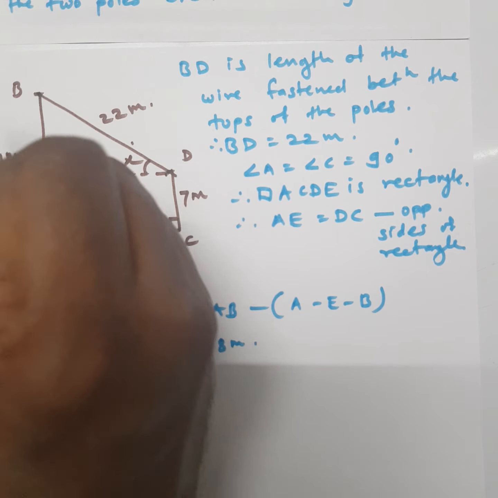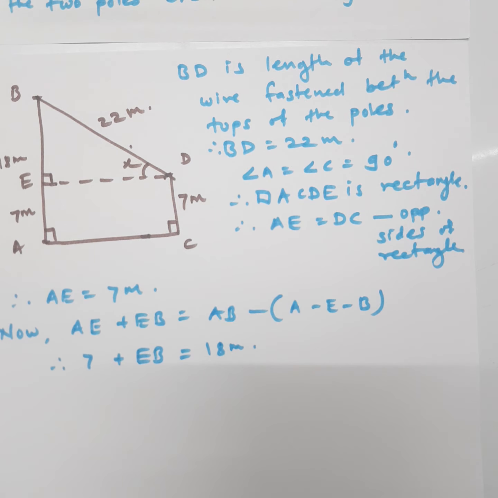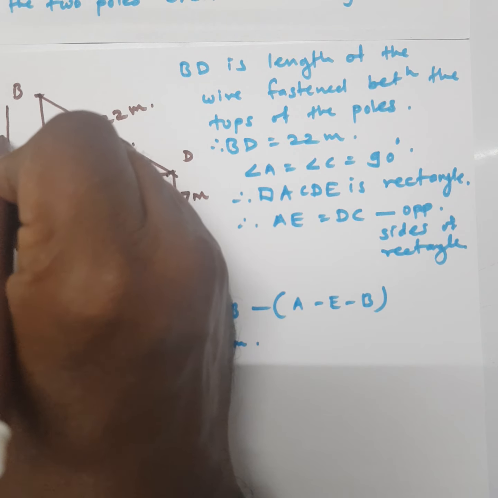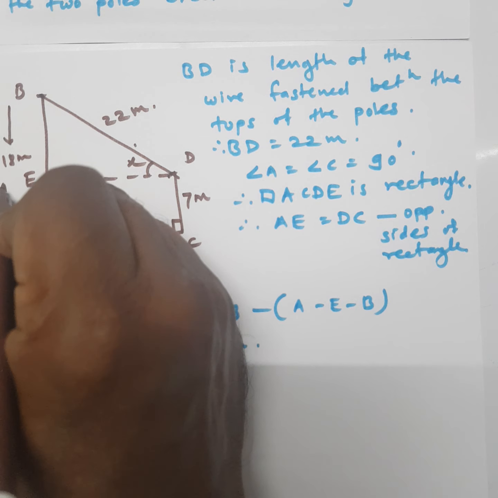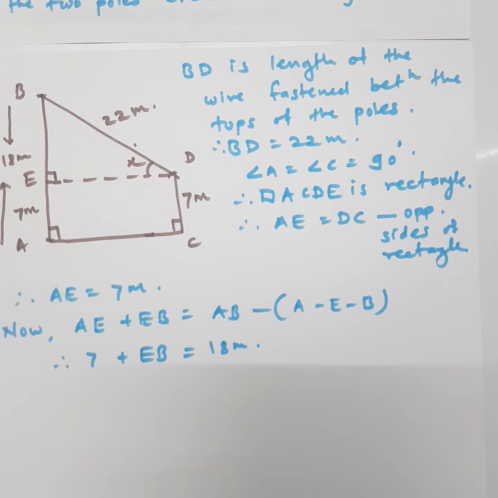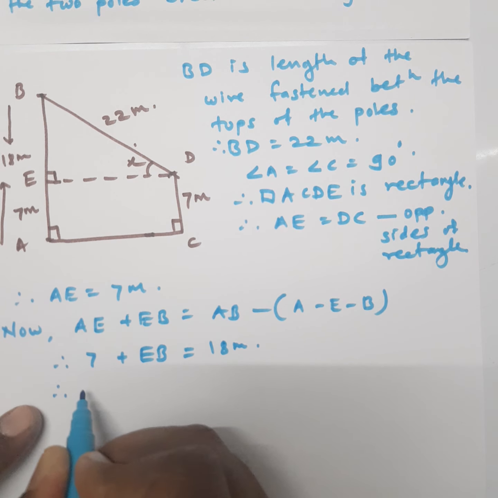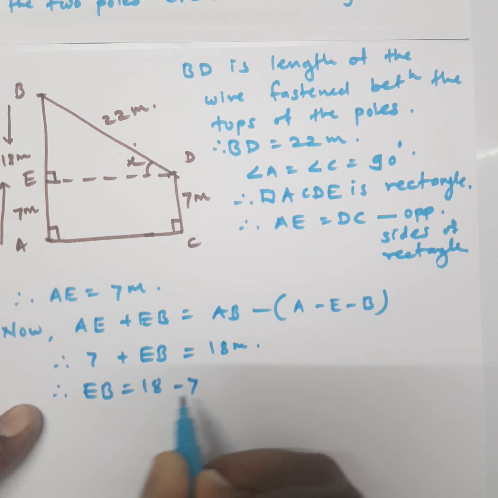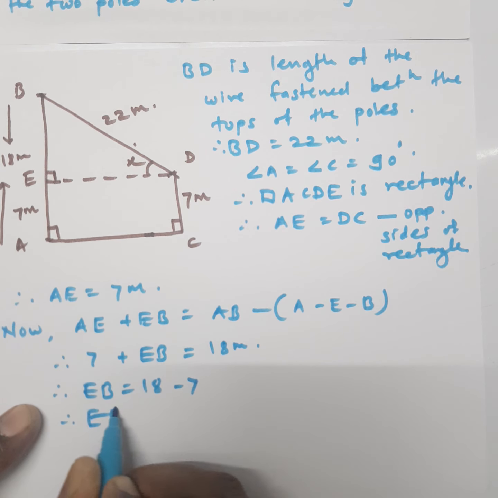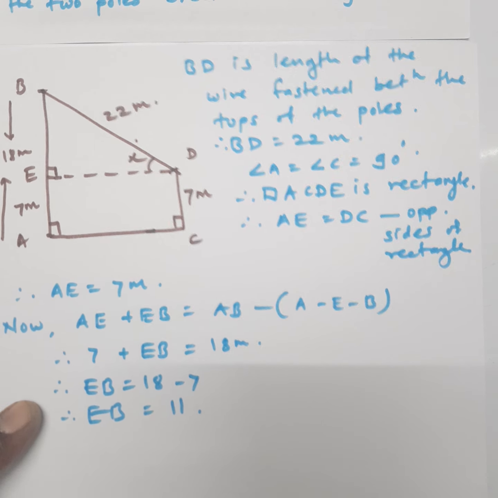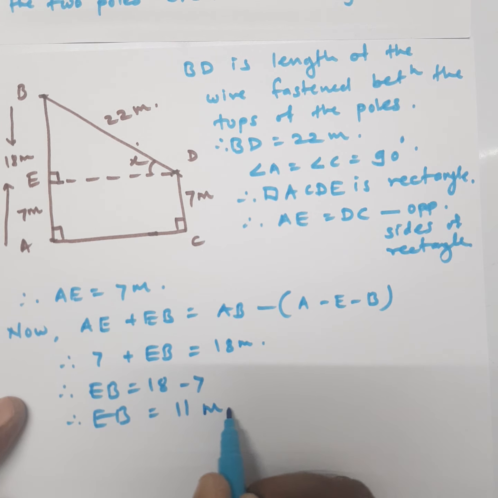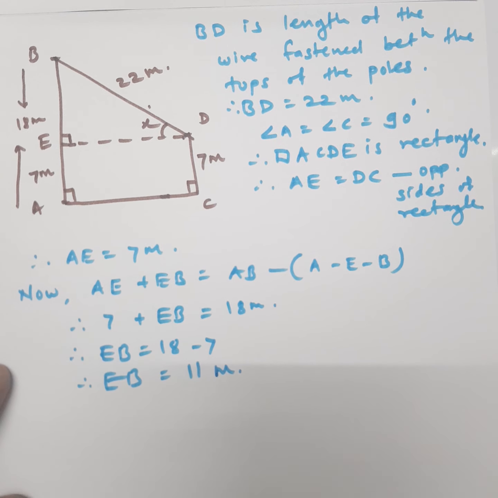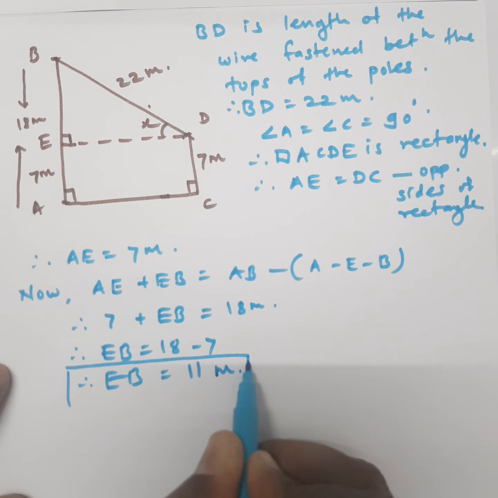It is given that the height of the first pole, that is AB, is equal to 18 meter. Therefore, 7 plus EB is equal to 18 meter. Therefore, EB is equal to 18 minus 7. Therefore, EB is equal to 11 meter.